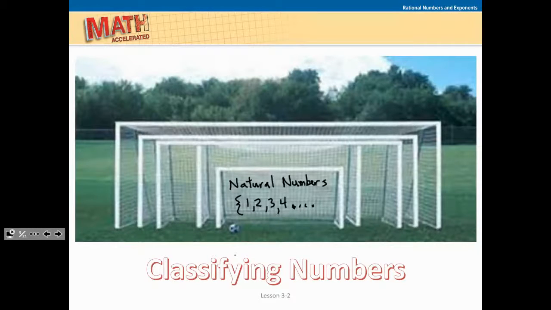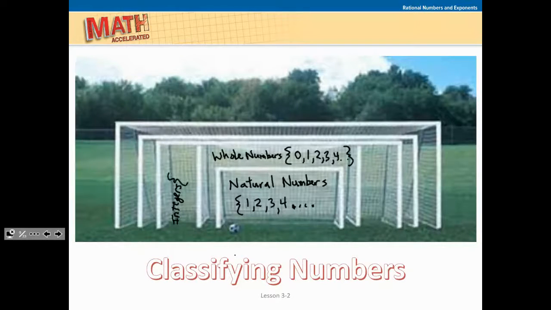All right, our second goal is going to be our whole numbers. And that's all the numbers that are whole, including 0. All right, our next goal is going to be integers.